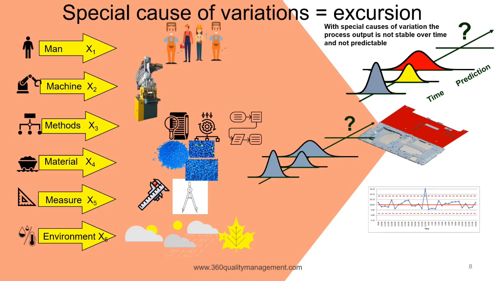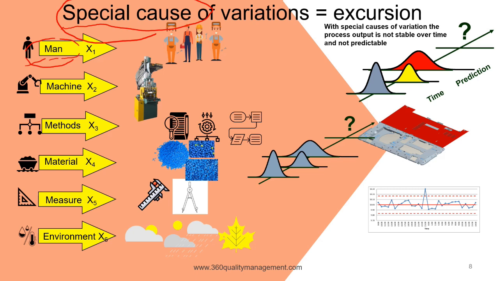The second type of variation is known as special cause variation or assignable cause variation. This happens when there is an unexpected change in one or two of the process inputs.